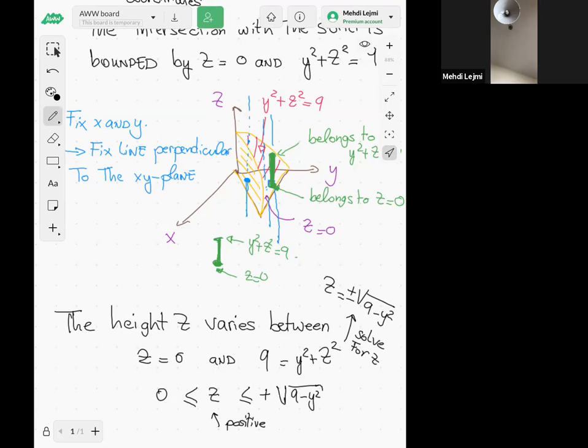Okay, so this is the first step. You fix two coordinates, and you try to find the bounds for the third coordinate. That's always the first step.